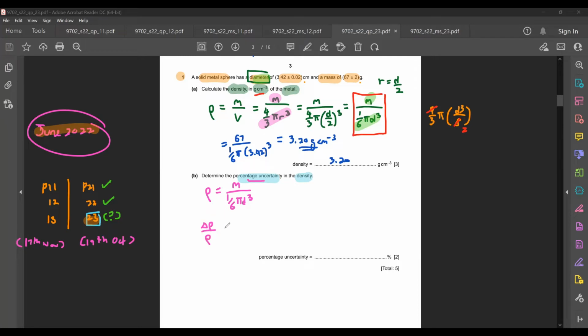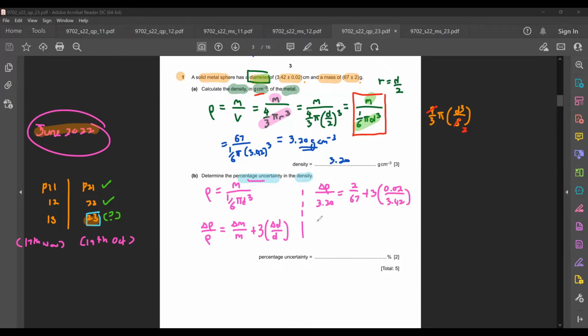This will tell me the fractional uncertainty of the density is equal to the fractional uncertainty of the mass plus 3 times the fractional uncertainty of my diameter. So from here, delta rho over rho, with rho as 3.20, equals delta m over m, which will be 2 over 67, plus 3 times 0.02 divided by 3.42.